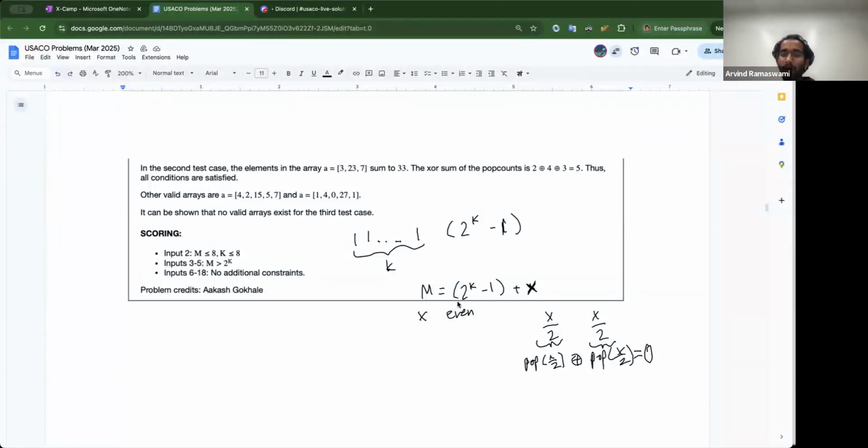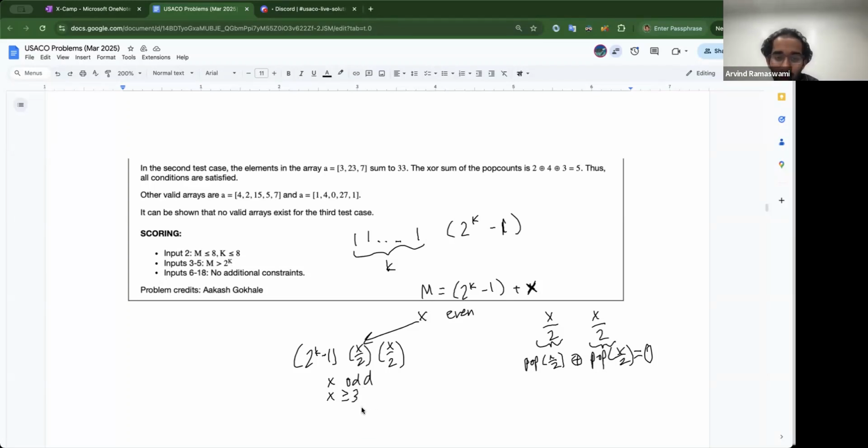So in the case where x is even, you can just have 2 to the k minus 1, and then x over 2, and then x over 2. And the other case is where x is odd. Here, the subtask tells us that m is strictly greater than 2 to the k, so it's of the form 2 to the k minus 1 plus x, and we also have x is greater than or equal to 3.